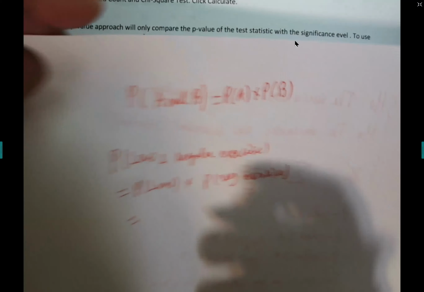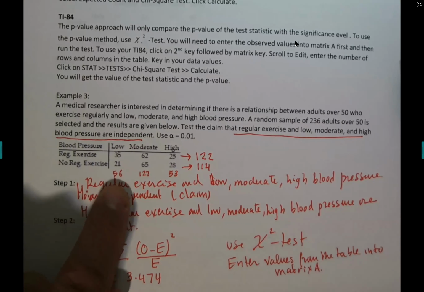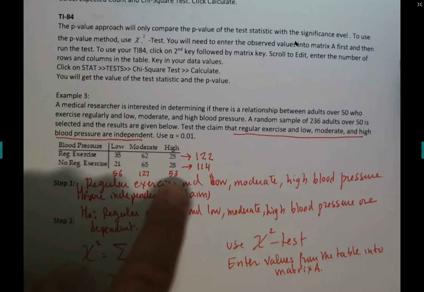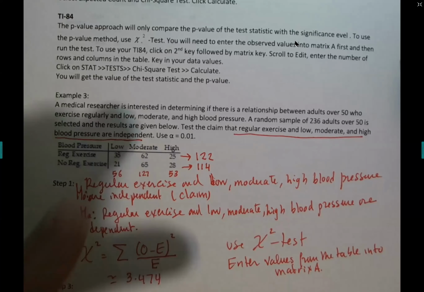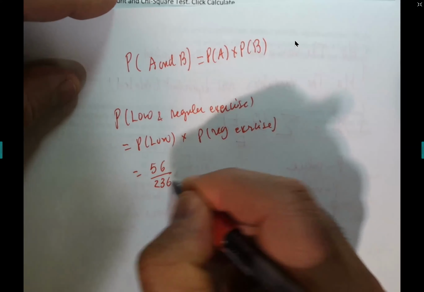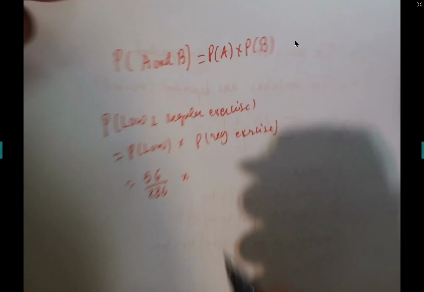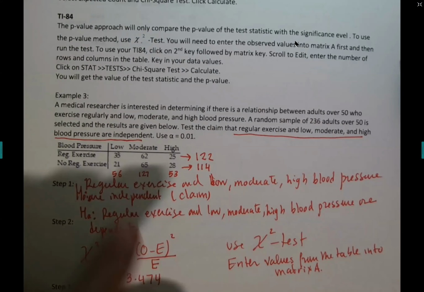Okay, what is the probability of picking someone with low blood pressure? It will be the total of low blood pressure, which is 56, divided by the grand total, which is 236. So it will be 56 divided by 236, times. What is the probability of picking an adult over 50 who exercises regularly?